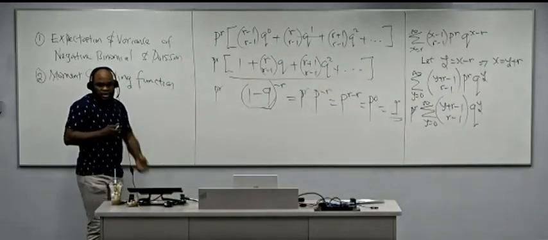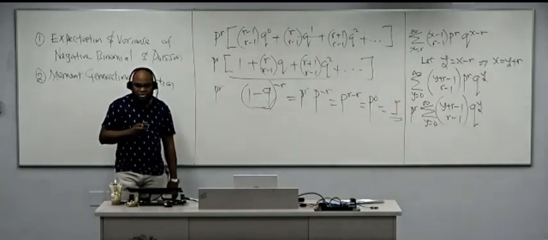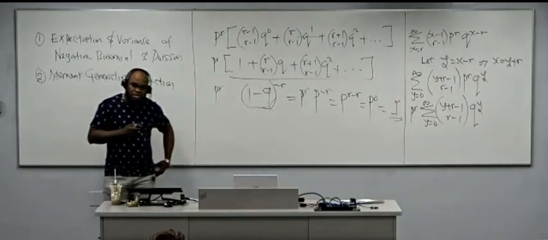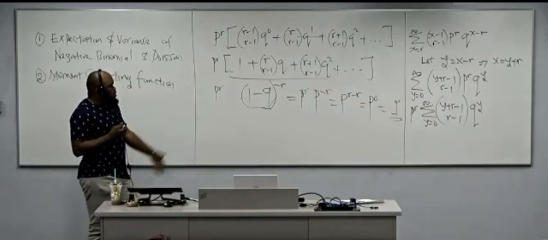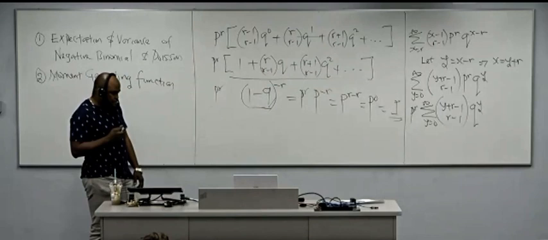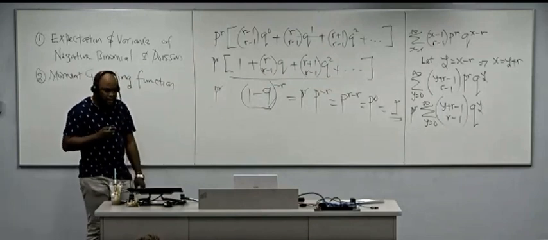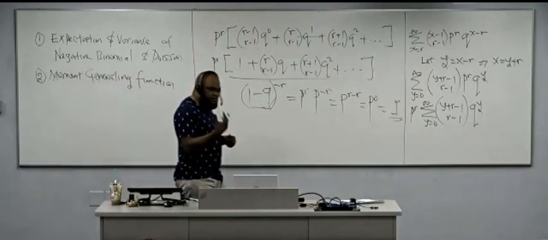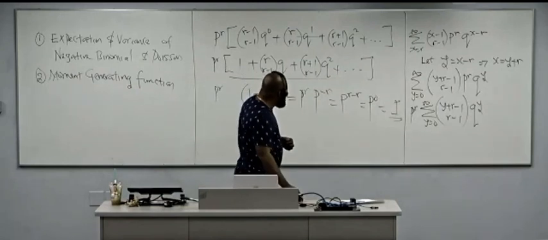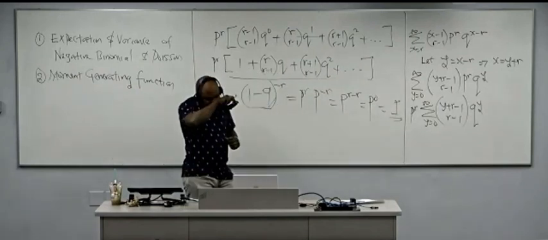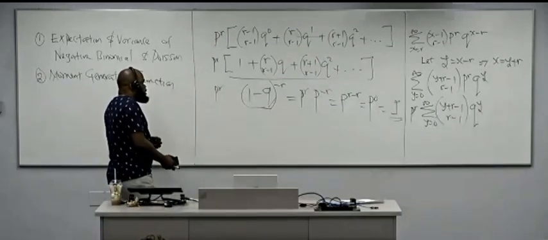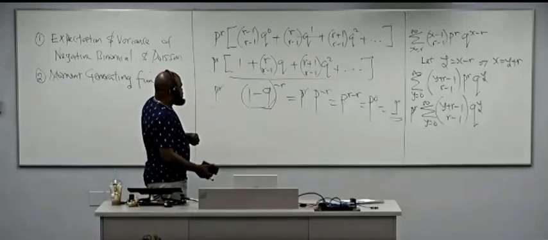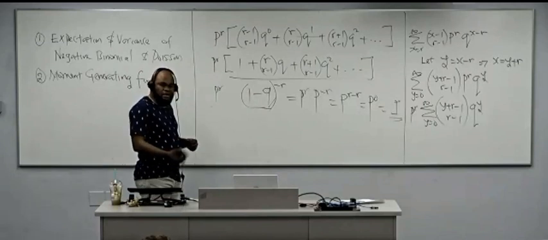So like I said, you can be given any distribution, then be asked to show that it's a valid PMF. Now we have this for negative binomial. For instance, let's say I want to find the mean.